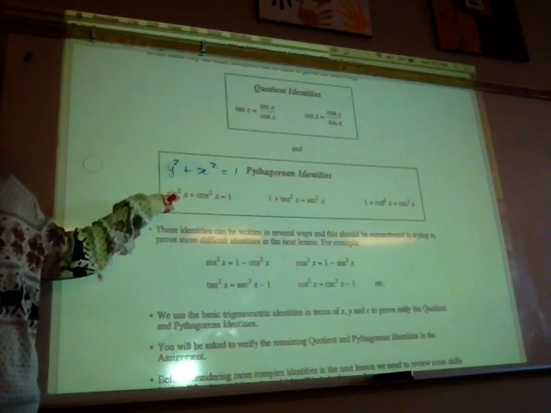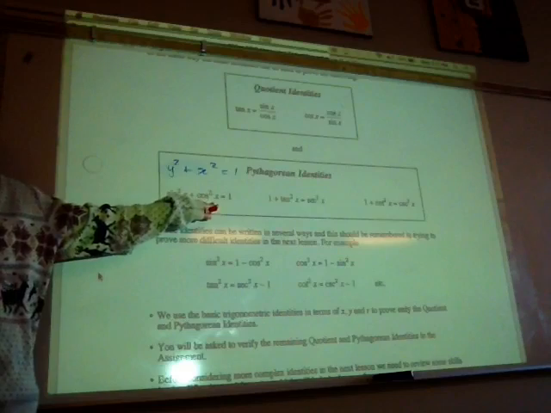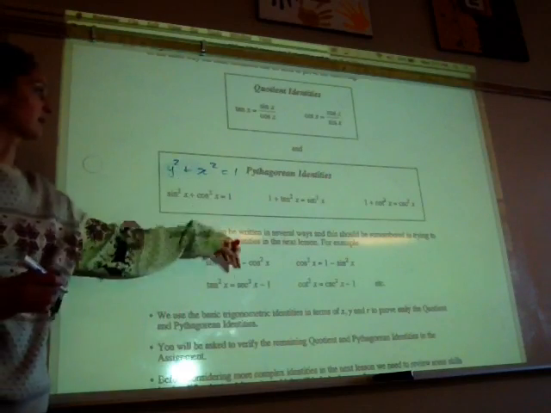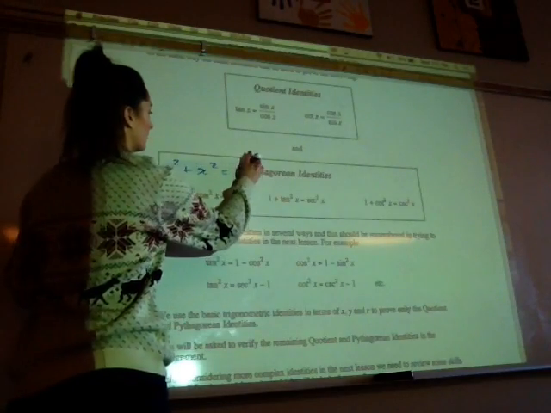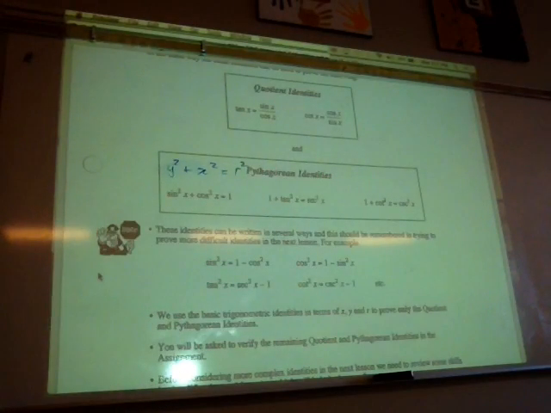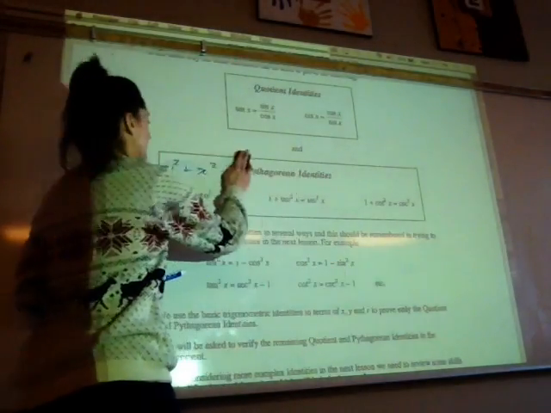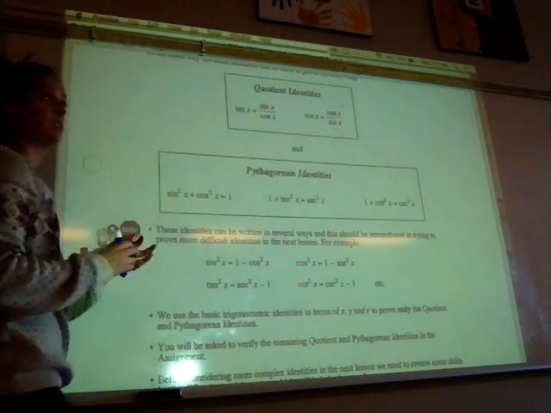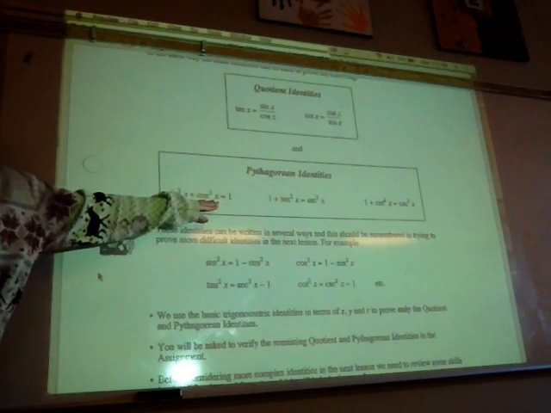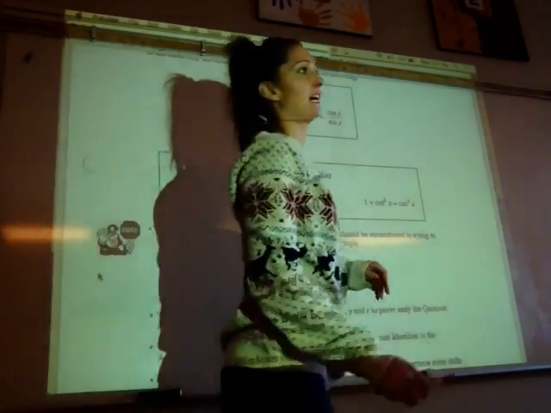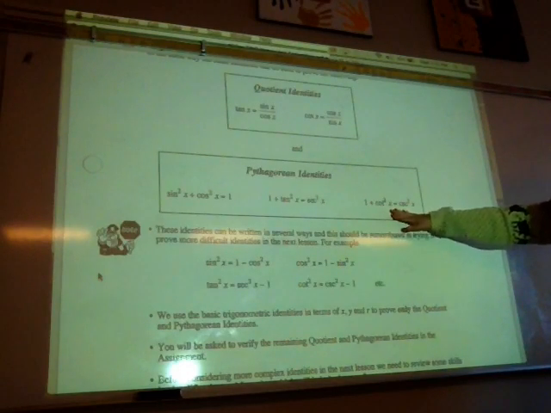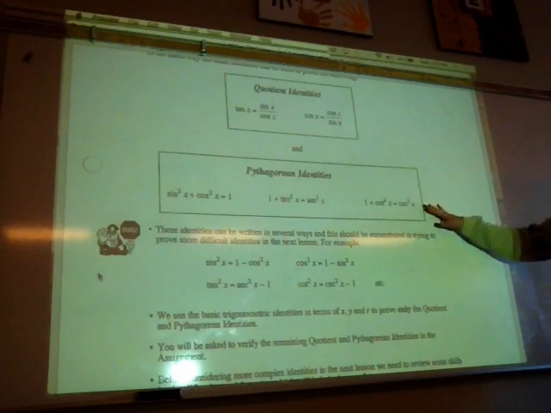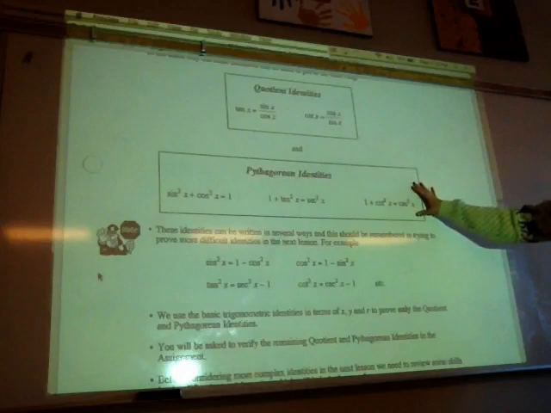So sine is like y, so we have y squared. Cosine is like x, so x squared, and equals 1. That's what it's relating to, and it's all derived from the circle equation. You don't have to memorize these ones either. They're given to you on your formula sheet. So sine x squared plus cosine x squared equals 1. 1 plus tan x squared equals secant x squared. And 1 plus cotangent x squared equals cosecant x squared. Again, they're on your formula sheet.